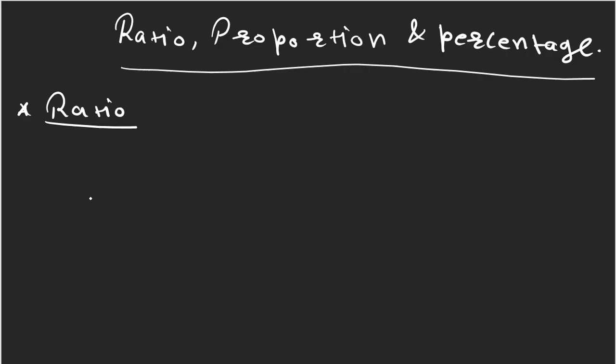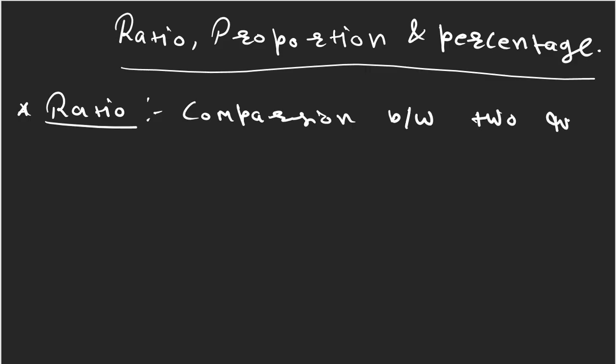What is ratio? A ratio compares two quantities. So ratio is comparison between two quantities. Whenever we have to compare two quantities, we calculate their ratio.